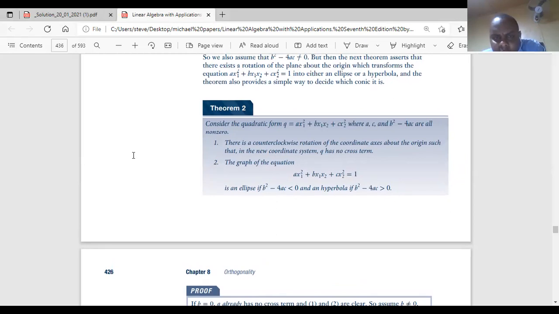So here's a theorem about quadratic forms. But now this theorem tells us to check conditions for hyperbola or ellipse.